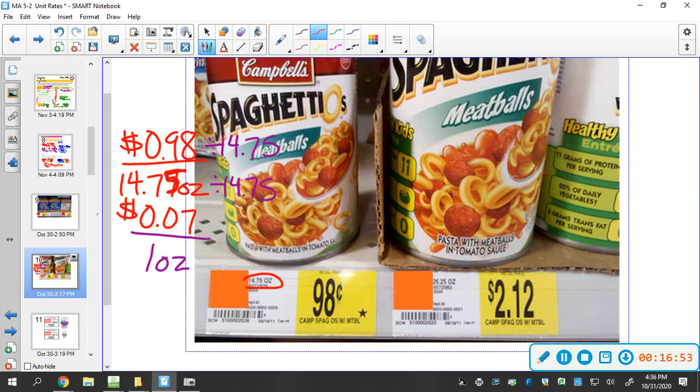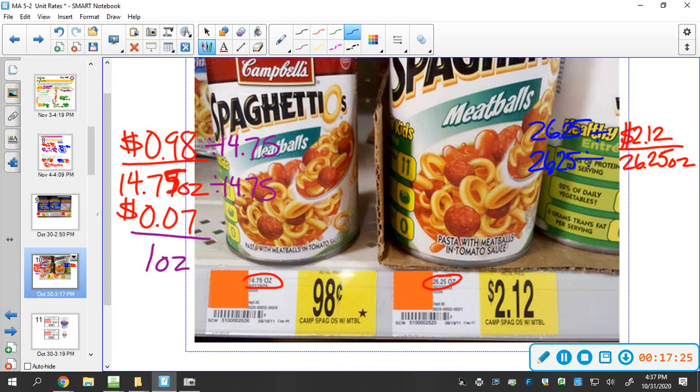On the other side, we know it's $2.12 for, and again, it's kind of hard to read it there, but it does say for 26.25 ounces. So we would divide both the top and the bottom by that 26.25.